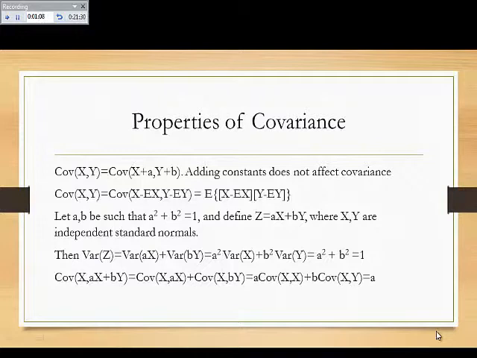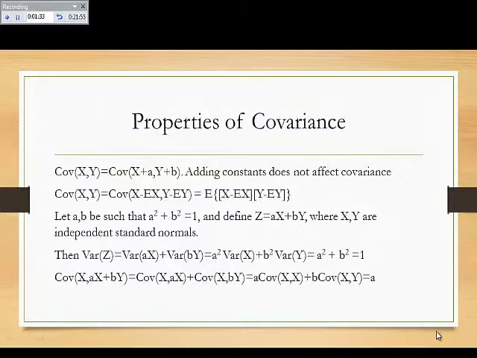So it means that we only need to think about the centered variables when calculating the covariance. Now, take X, Y to be independent standard normals. We're starting with these independent standard normals and we want to construct correlated variables with correlation rho. If I know how to do that, then I know how to put the brick down.